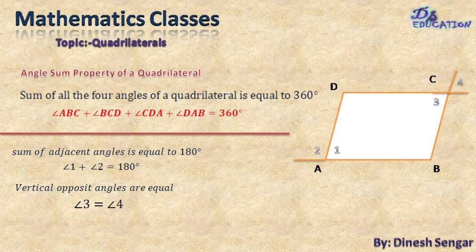So here angle 1 plus angle 2 is equal to 180 degrees. One more point: vertically opposite angles are equal. In the figure, angle 3 and angle 4 are vertically opposite angles, so angle 3 will be equal to angle 4. Have you understood?